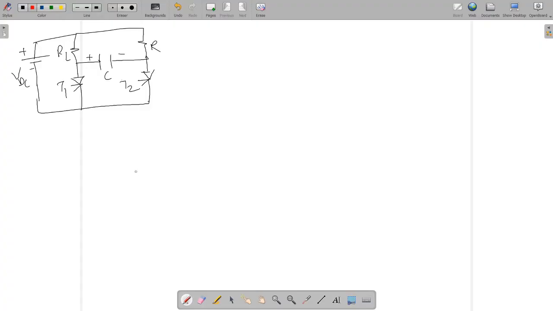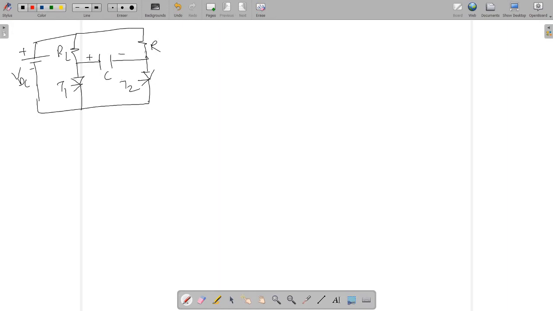This is the circuit for class C commutation. There is the DC voltage, then a load, and T1 and T2. T1 is the main SCR and T2 can be termed the auxiliary SCR. According to the commutation process, if you want to turn off your main SCR, you have to turn on the auxiliary SCR.